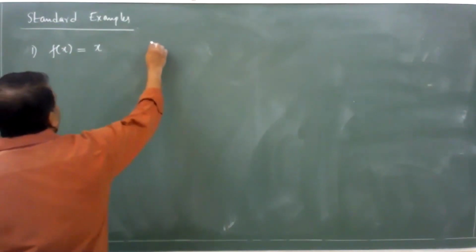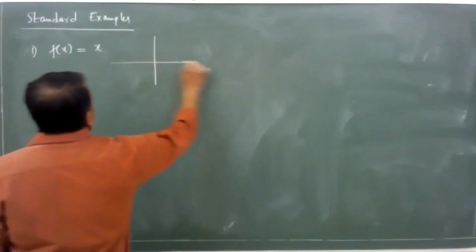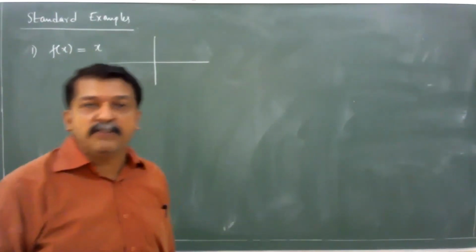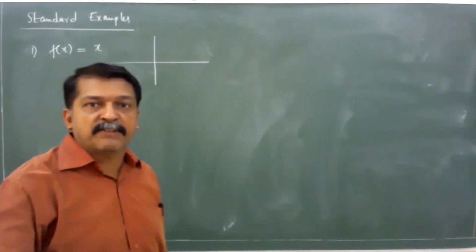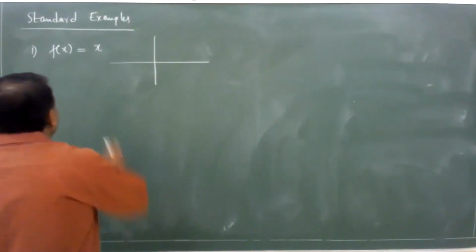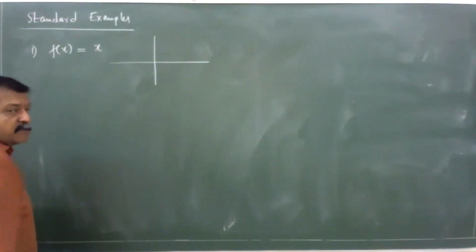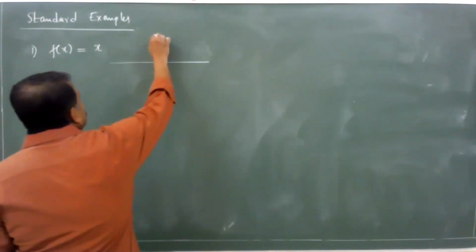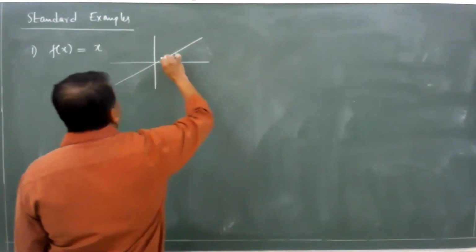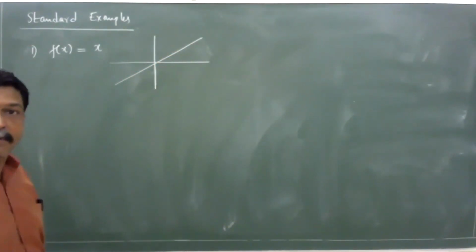Suppose you plot this on a graph sheet. F of x is equal to x means you can even take it as y is equal to x. Y and f of x are one and the same. If I take y is equal to x, clearly we see that it is a straight line passing through origin with angle 45 degrees.